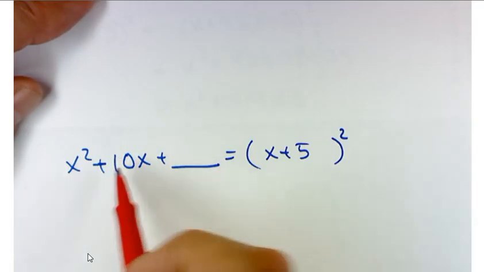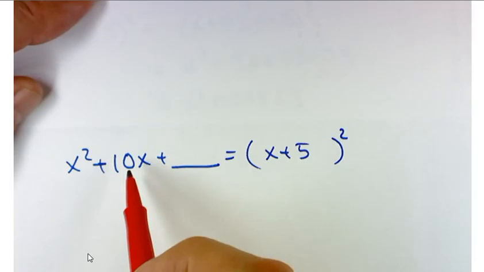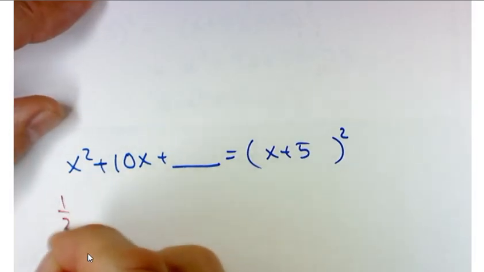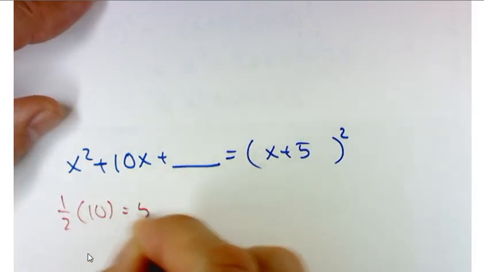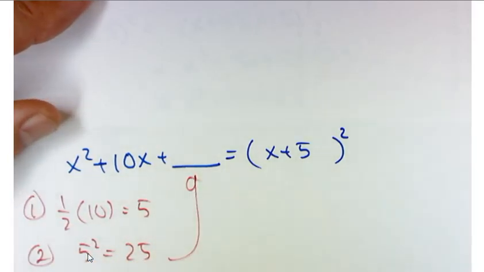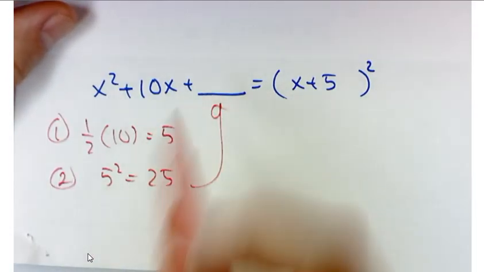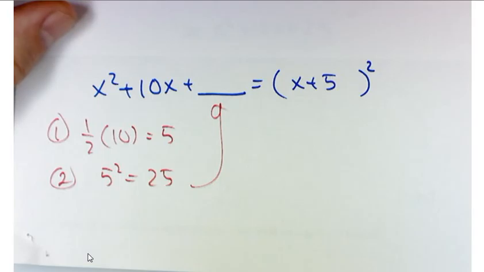Yeah, multiply by a half, divide by 2. All right, you're going to take this number, divide it by 2, so 1/2 times 10 is 5, and then 5 squared gives you your 25. So it's 2 steps in coming up with a number that completes the square, is what it's called.